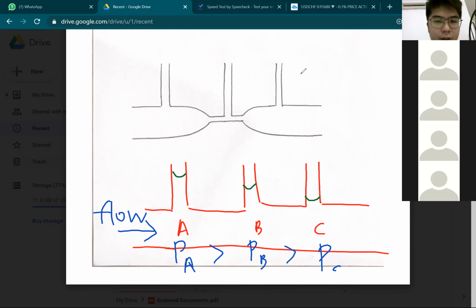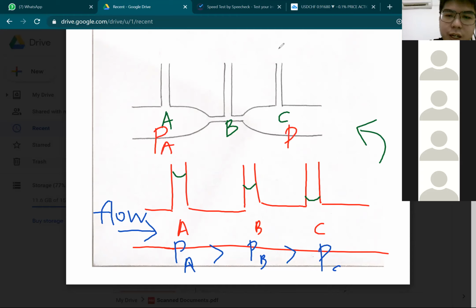Now if you apply this to the Venturi tube on top, let's see, A, B, C. Pressure at A is higher than pressure at C because water is flowing from left to right, and water flows from high pressure region to low pressure region.